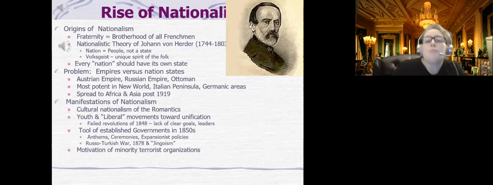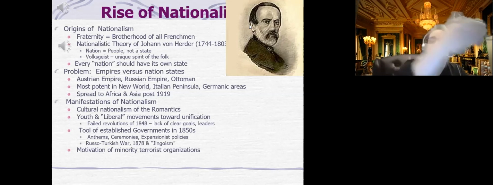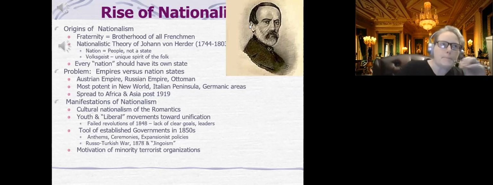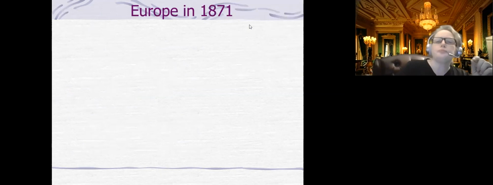And how do I get mine? Well, I have to rebel against an established government in Austria, in Spain, and wherever to create my own government. And so we start to see these minority groups. Now, this is the kind of terrorist violence, the kind of nationalism that we're more used to in a lot of ways.